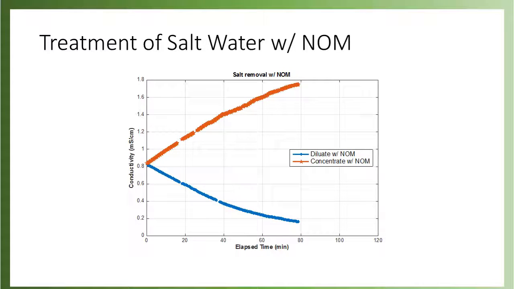And here is the treatment of the salt water with NOM, which is with the concentrated Lake Austin water, and the conductivity at the beginning is the same, and then it takes about 80 minutes to achieve the 80% removal.